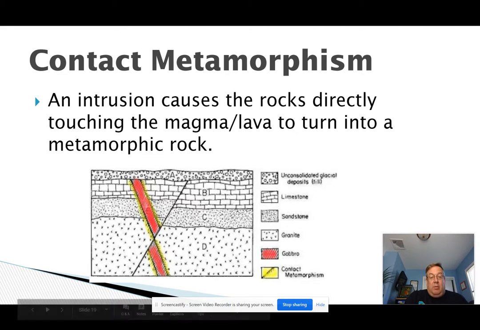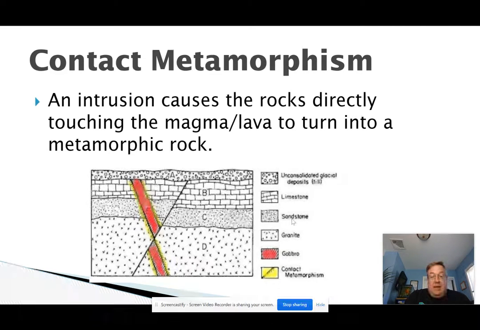So if I were to look at what rock layer C is, rock layer C is sandstone. I'd want to know what the metamorphic version of sandstone is, which is going to be quartzite. And that means in this yellow area here and here in layer C, that's not sandstone anymore, that's going to be quartzite.